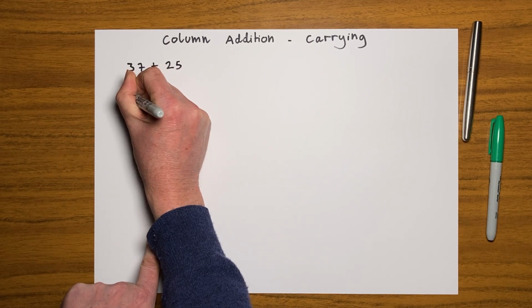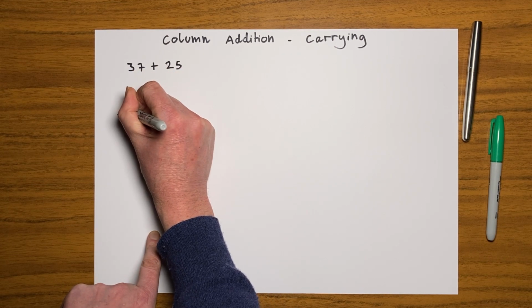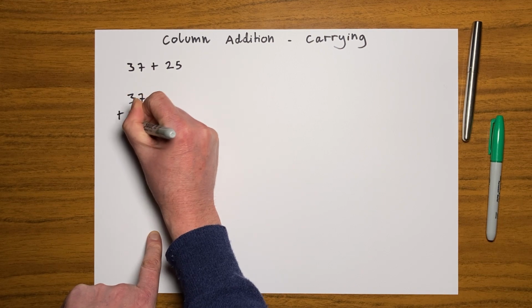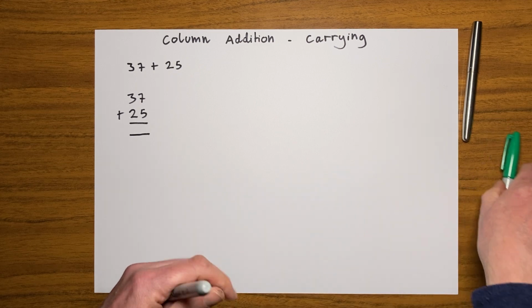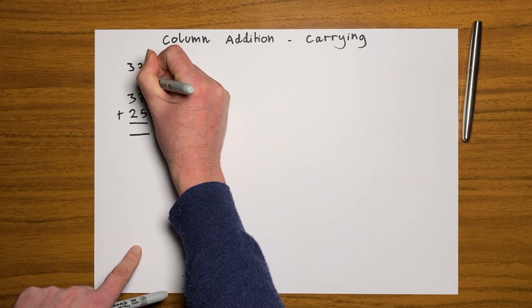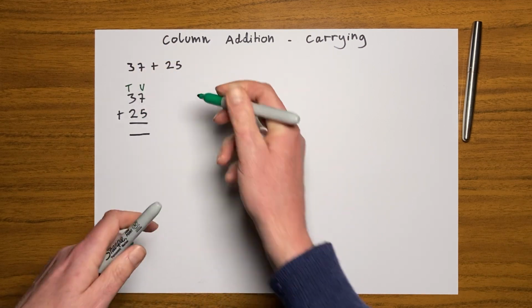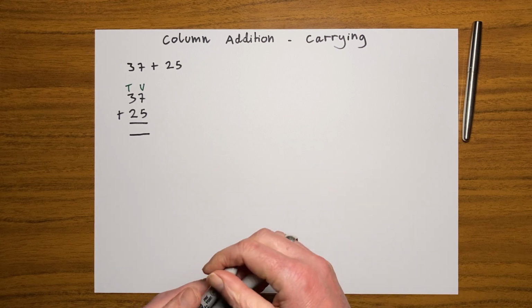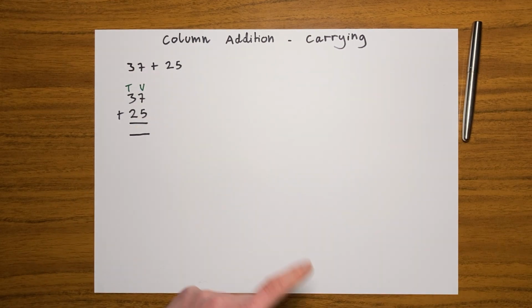We set it out in our columns, put our 37 here, then added the 25 and put our lines here for the answer. Remember, it's called column addition because I'm keeping all of these digits in their right column. So I've got my units here and my tens here. What we did is we added the 7 and 5, but we went over the 10. So we weren't quite sure in the last video what to do. Well, here I'm going to show you.